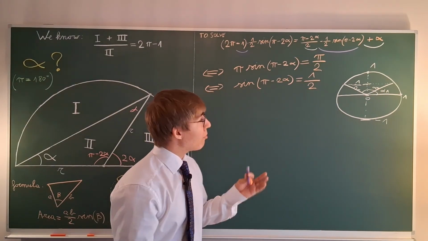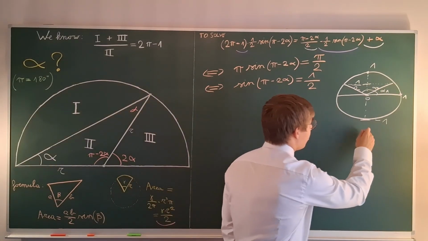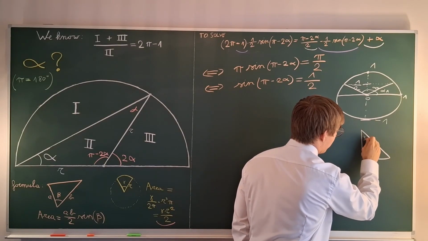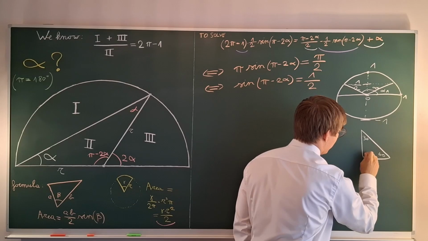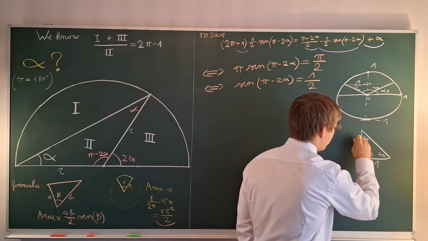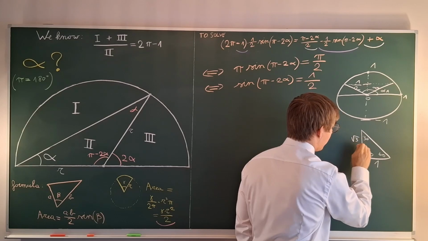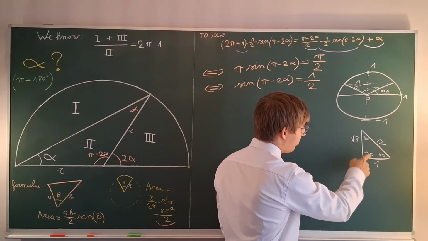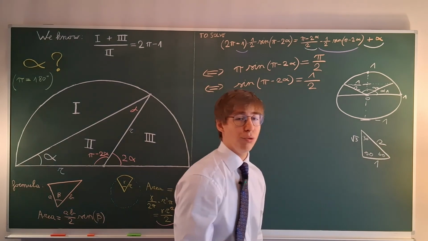Now either you memorize these angles or you know this triangle, which is a 30, 60, 90 triangle, and the values 1, square root of 3, and 2. And then we see that the sine of 30 degrees is exactly 1 over 2.